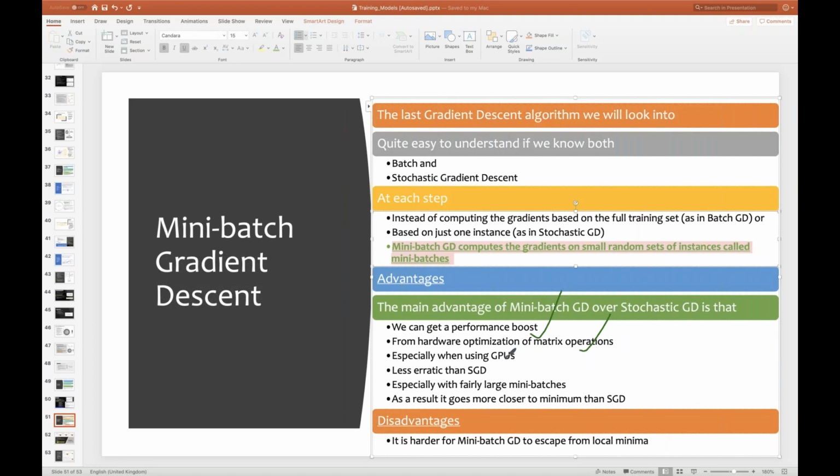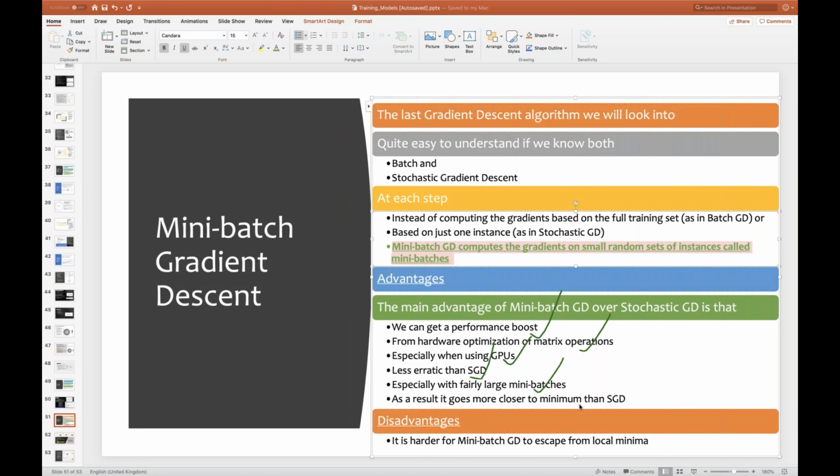Now, it's especially useful when using GPUs. GPUs are very important. If you speak in the real-time world about your memory and CPU, like that you have GPUs. Very, very important. It is less erratic. You get much less error in SGD, and especially it does really well with fairly large mini batches.